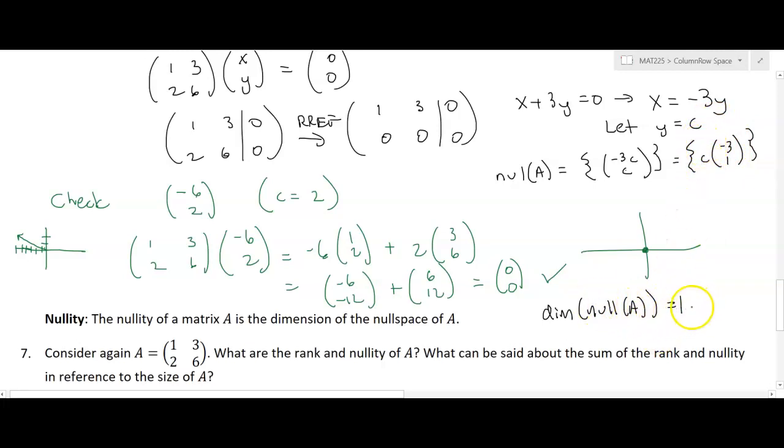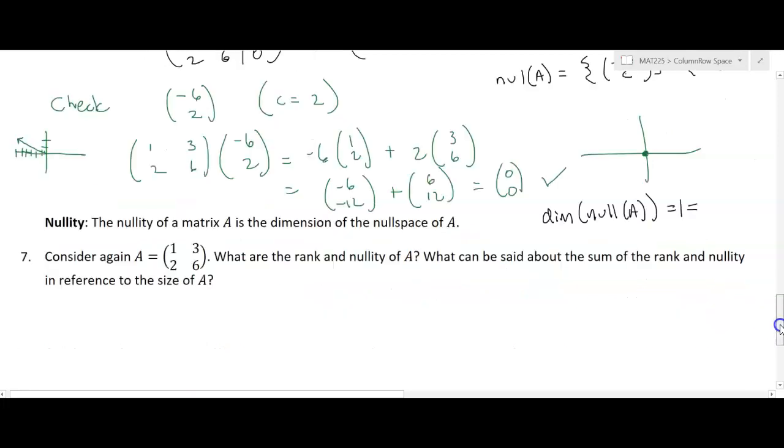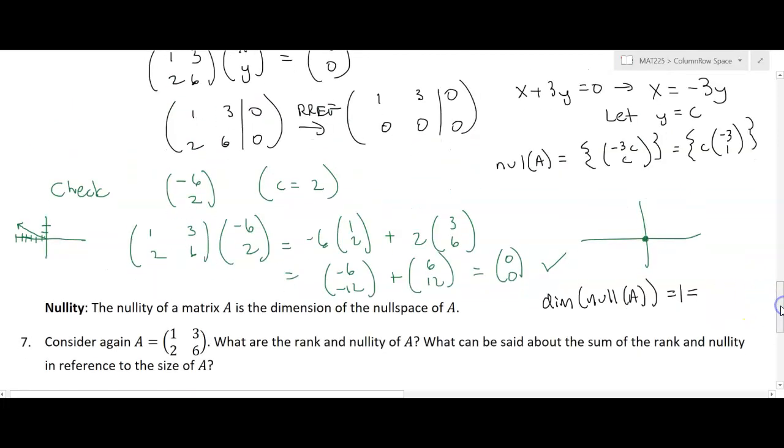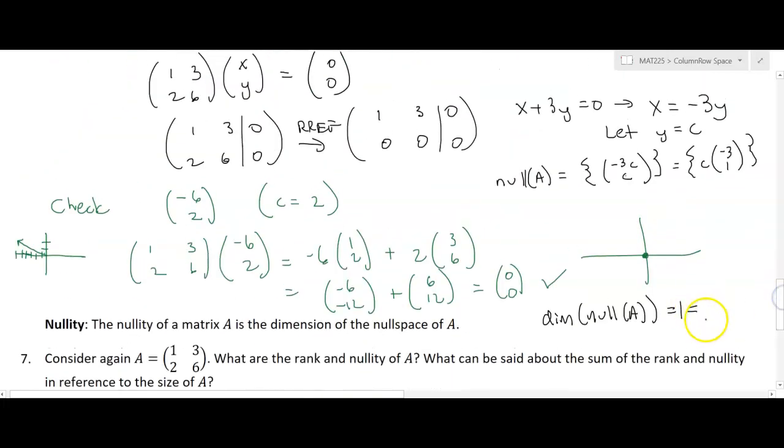And another way we could write this is as the nullity of A, I should use 2 L's here. So rather than to have to say the dimension of the null space of A, the null space of A is actually a set of vectors. The nullity of A is the number of vectors inside of the null space of A.